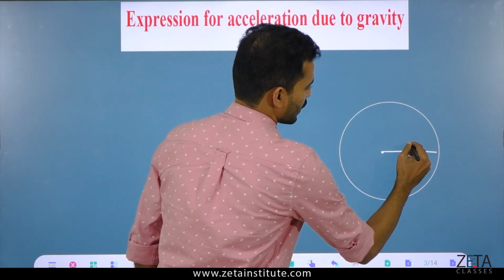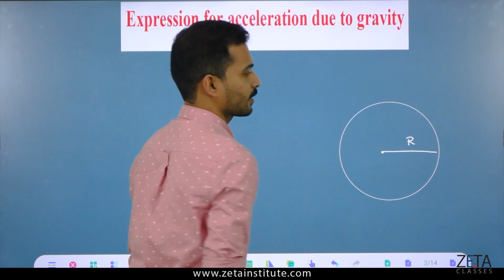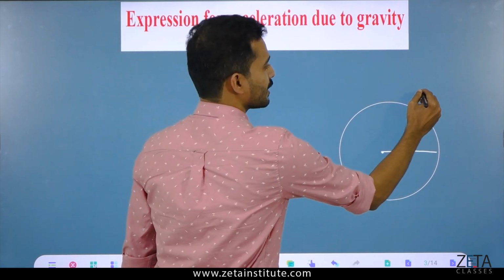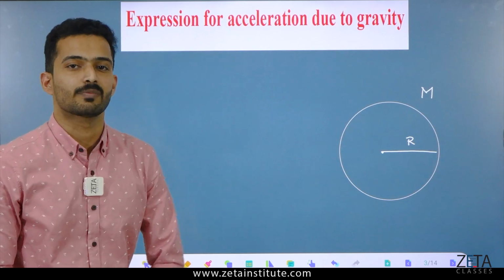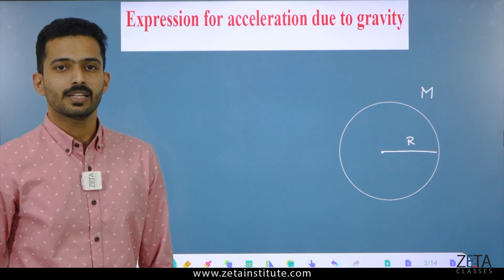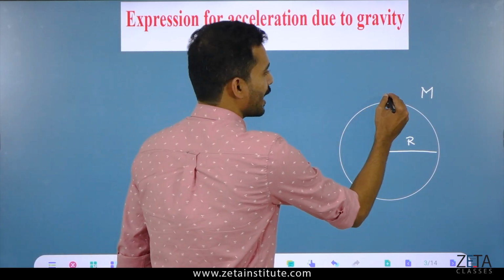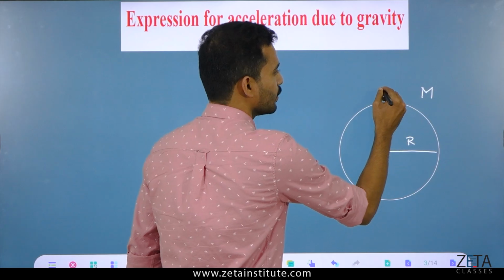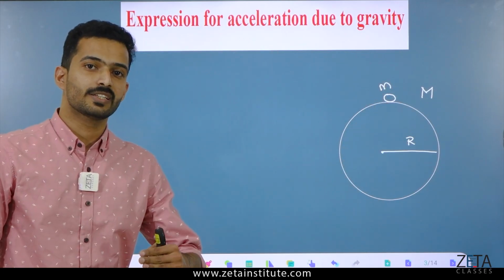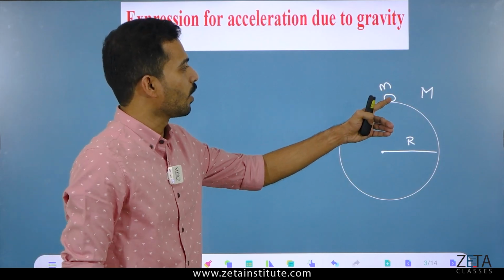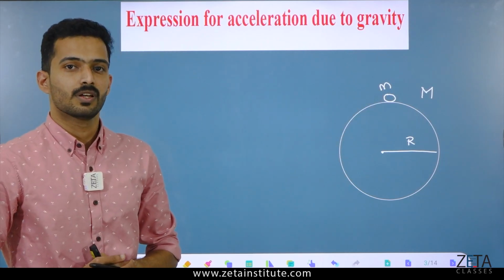The radius of the Earth is r and the mass of the Earth is M. Then we place an object of mass m on the surface of the Earth.